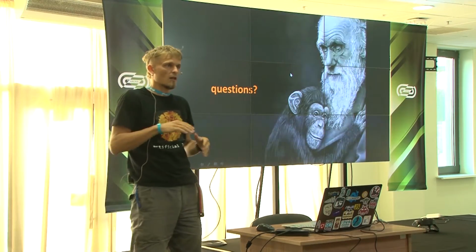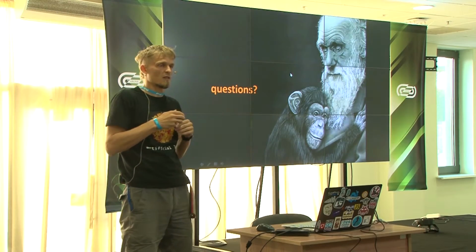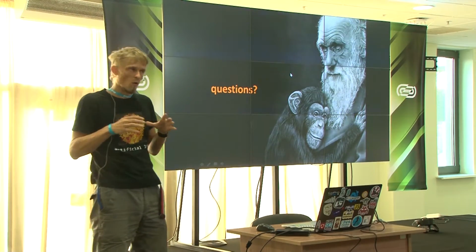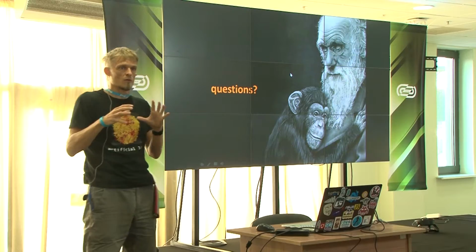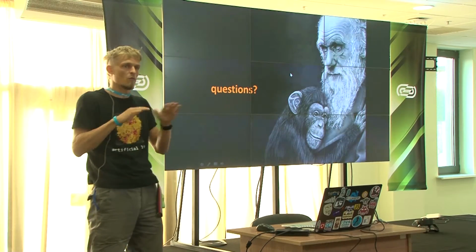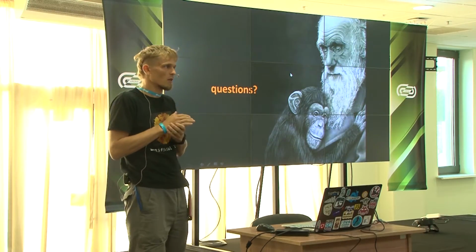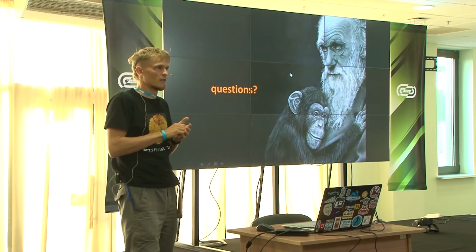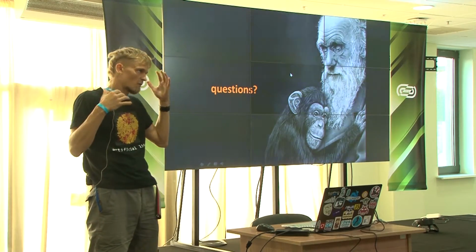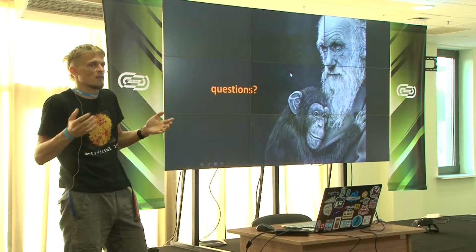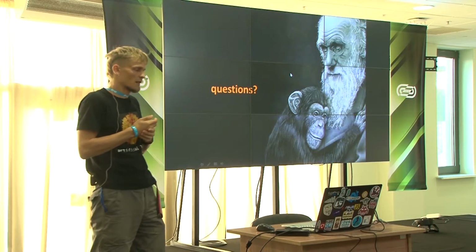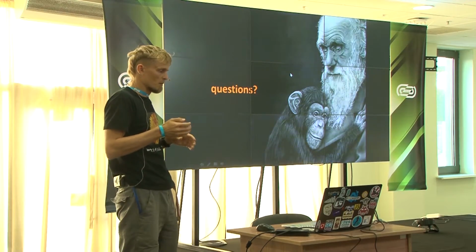For example, my plan is to create something like insects, or something like a mouse or rat, maybe not more. I don't think it's possible to reach some form of a monkey, for example.